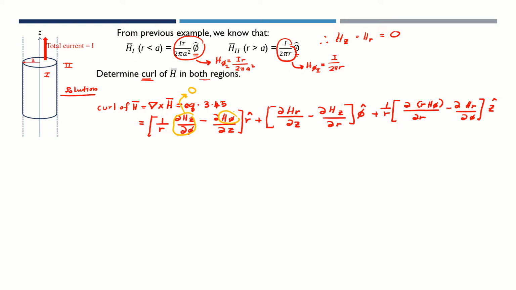H phi for region 1 is I r over 2 pi a squared. Since Hr is equal to 0, and Hz is also equal to 0, those terms will be 0.